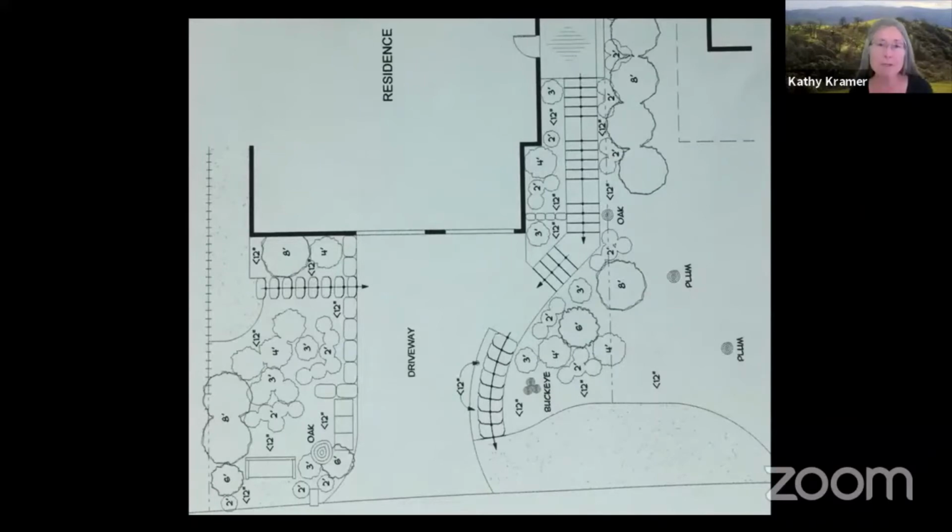So 4 Dimensions drew this concept plan, and you can see my driveway's in the center. There's the oak on the left. So they wanted some large screening plants between me and the neighbor on the other side, and some screening in the front to hide our trash cans, which are going to live there. So those were the plant sizes.